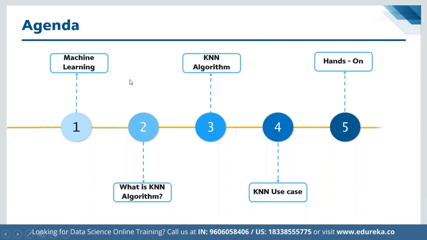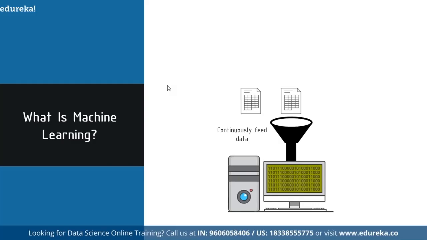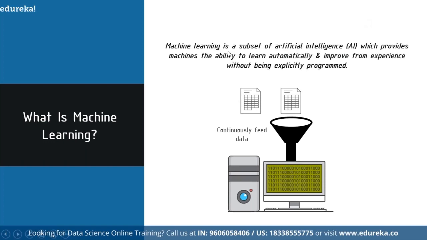Okay, so let's get started here and talk about machine learning. So machine learning actually is nothing but a subset of artificial intelligence, which provides machines the ability to learn automatically and improve from experience. So what does this mean?